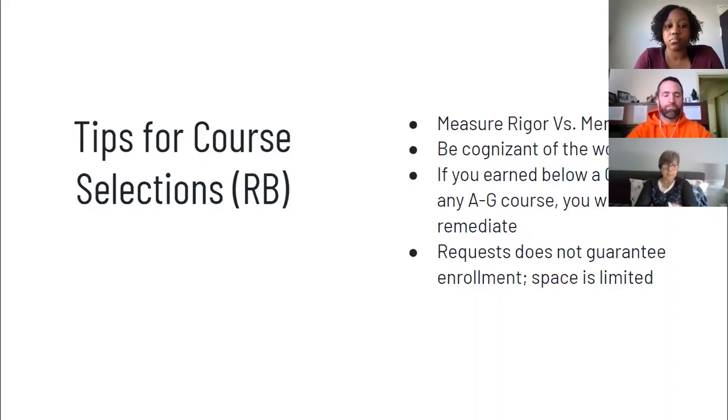Space is limited. When it comes to AP courses, Mr. Navarrete always shares the College Board recommendation, which is that you pursue a natural progression through your AP course enrollment. This means that if you, as a sophomore, take 1 AP course, it would be a natural progression to, as a junior, take 2 AP courses, and then as a senior, take 3 AP courses.